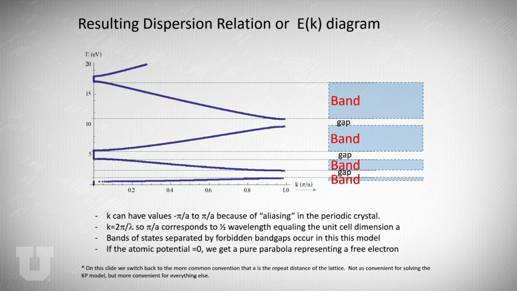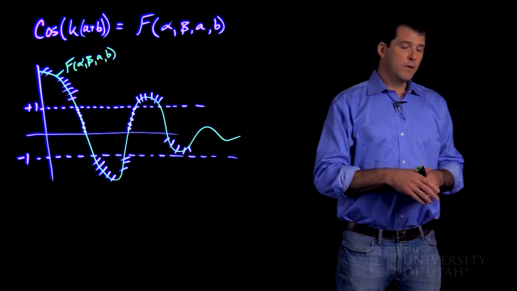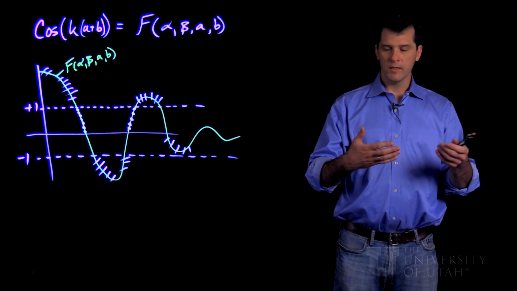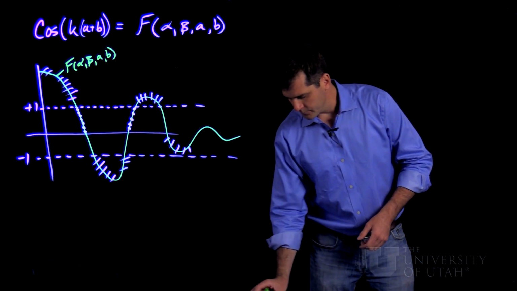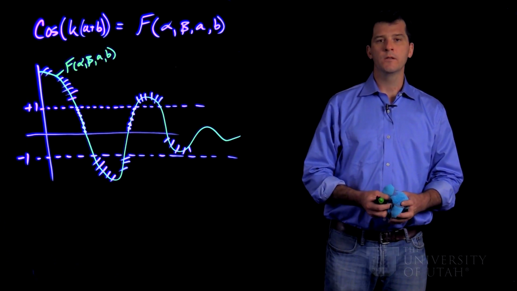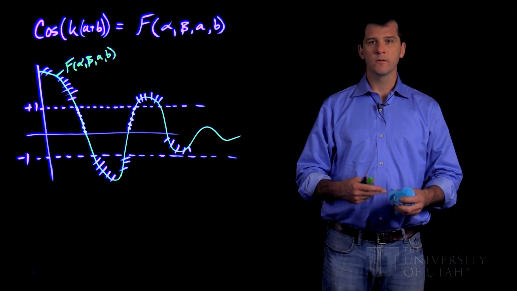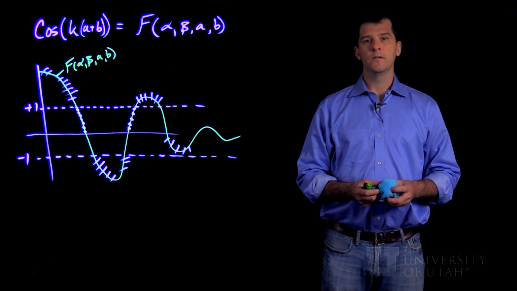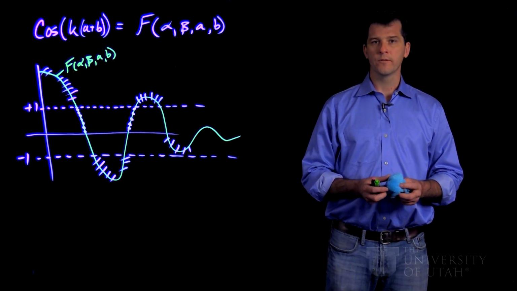And again, we have the structure of bands of allowed solutions separated by gaps where no solutions exist. But if we look at the actual energy as a function of k, we get the actual relationship between the particle's energy and its momentum, since the momentum is proportional to the k values.